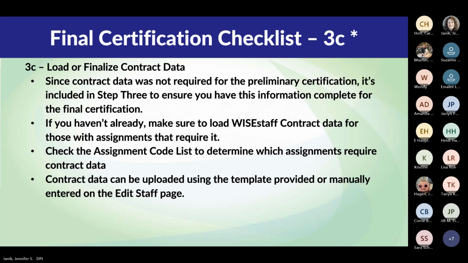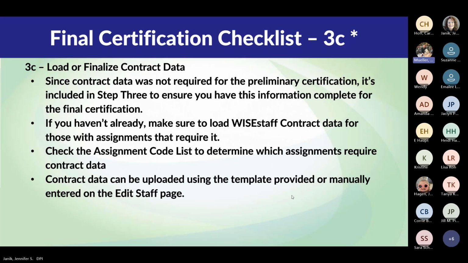All right, so let's take a look at 3C. The next task, 3C, is load or finalize contract data. Contract data consists of staff salary and benefits information, as well as years of experience, the highest degree earned by the employee, and how many days they are contracted to work during the school year.